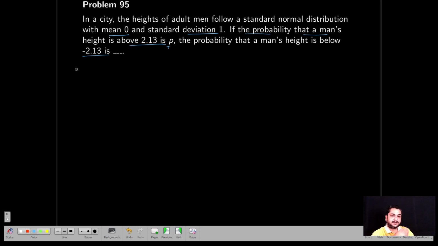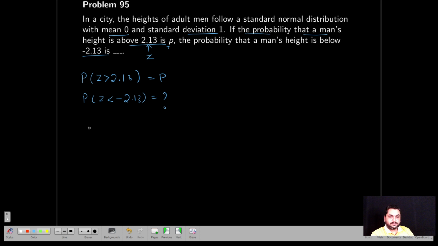They are giving it as a standard normal distribution, that is mean 0 and standard deviation 1, so they are already giving you the Z score. So P of Z greater than 2.13 is equal to P. Then they are asking P of Z less than minus 2.13 is equal to what?